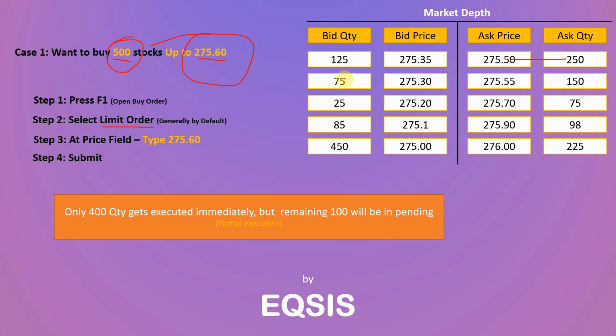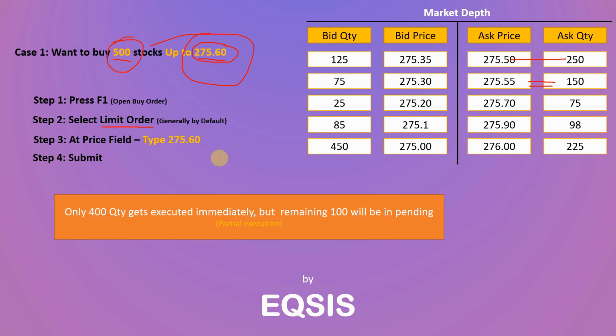So you must be happy to get the shares at 275.5. And another 150 shares are still available at the rate of 275.55. But remember, the remaining 100 shares can be bought only if you are willing to pay slightly more than what you instructed to the exchange, 275.6. So your order will not be executed instantly.